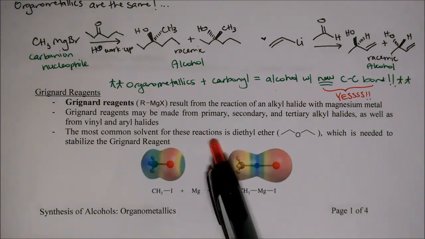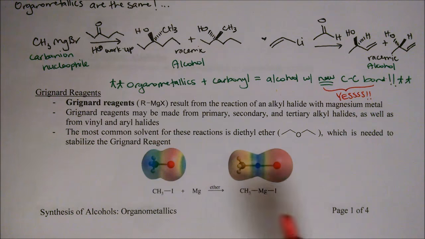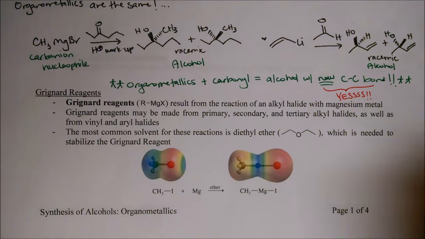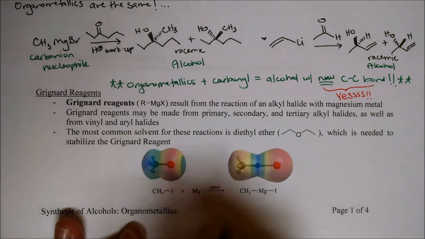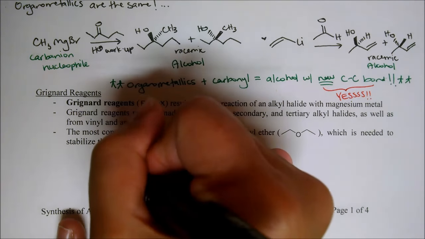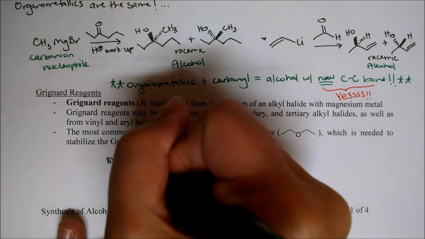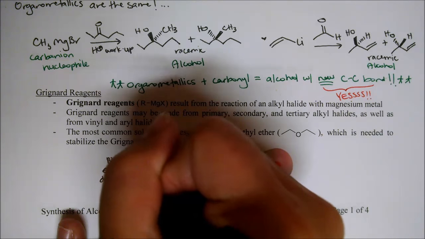The most common solvent for these reactions is diethyl ether, which is needed to stabilize the Grignard reagents. There you go. And this is what they look like. So here is methyl iodide just normally, before it has reacted with the magnesium. You can see here that on this side it's blue. And for these electron density maps, blue means we are electron deficient.